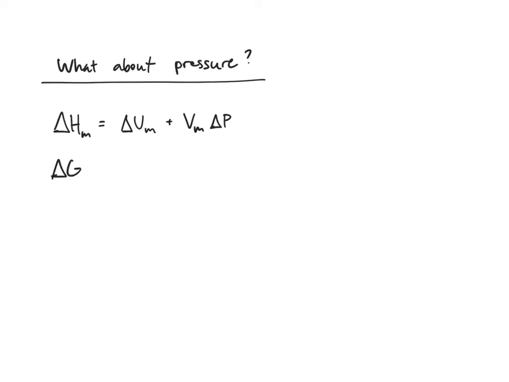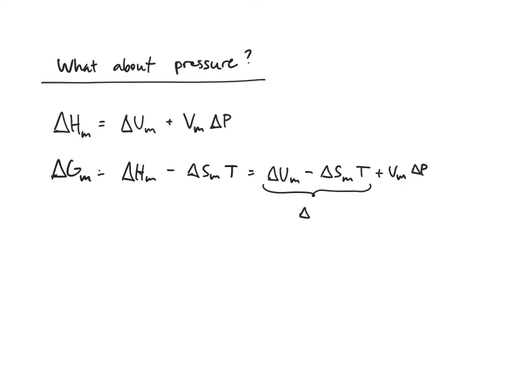So since the molar Gibbs free energy is equal to the molar enthalpy minus the molar entropy times temperature, I can just rewrite this as molar internal energy minus the molar entropy times temperature plus molar volume delta P. But this right here, that is just the molar Helmholtz.